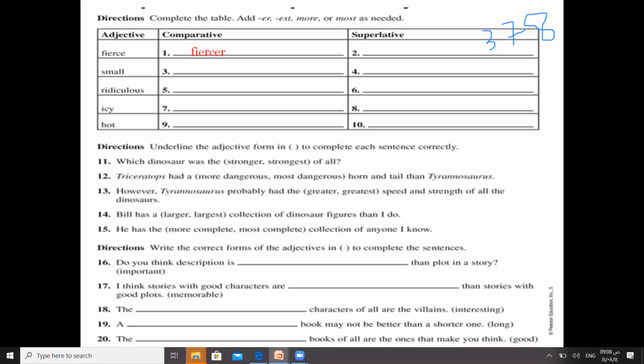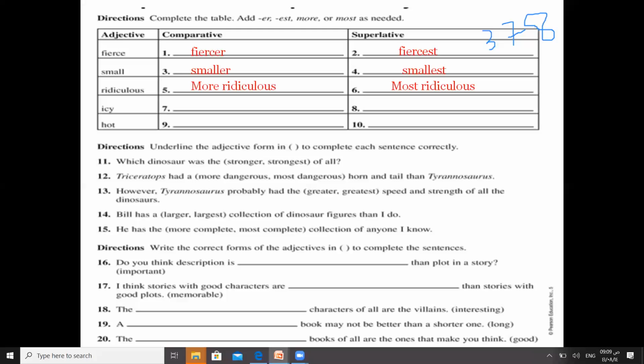Fierce, fiercer, and in superlative, fiercest. Now, small, smaller, smallest. Ridiculous, more ridiculous, most ridiculous. Very good.